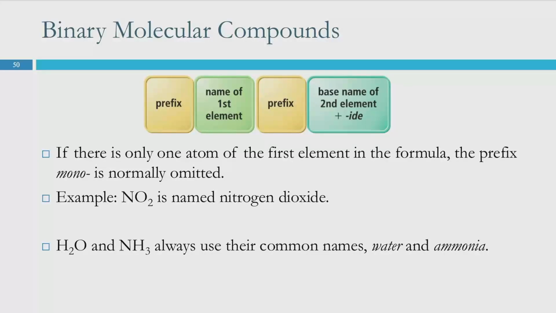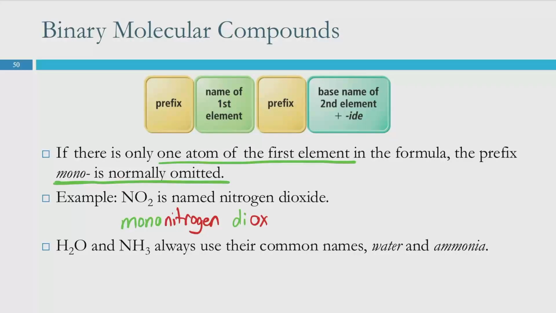So relatively straightforward. One little caveat. One atom of the first element, mono, is omitted. So NO2, N is nitrogen. We've got one of them, so our inclination might be mono-nitrogen. How many oxygens do we have? We've got 2, so we put the di prefix.